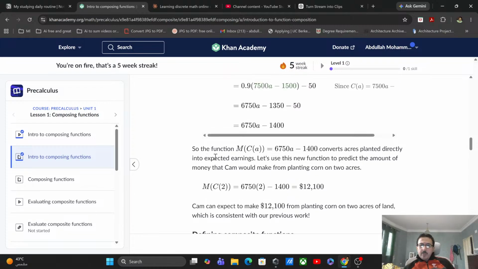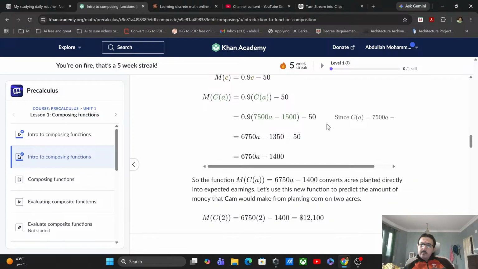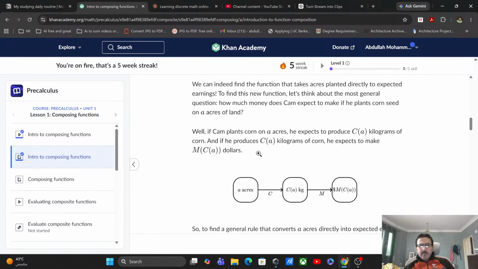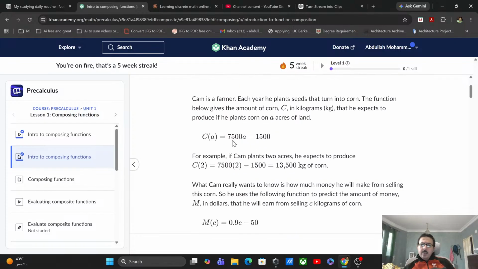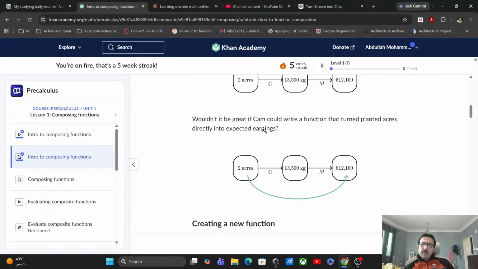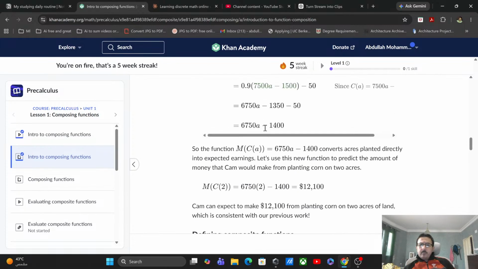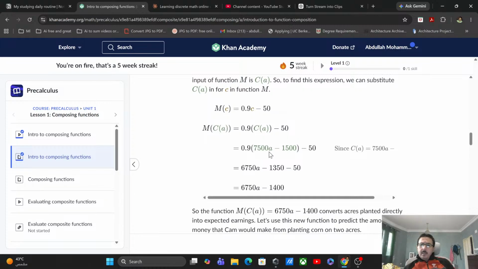Wait. So the function MC. What did he do? MCA. 700A minus 1500, minus 1500, which is equal 50.